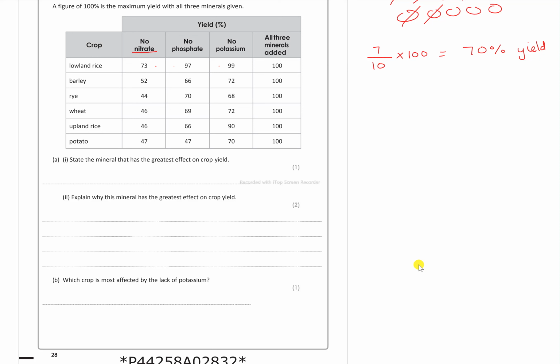What they want you to know is, when you add a nitrate, the reason it has the greatest effect is because nitrates are converted into amino acids, which are used to synthesize or make proteins, or even DNA for nuclei.